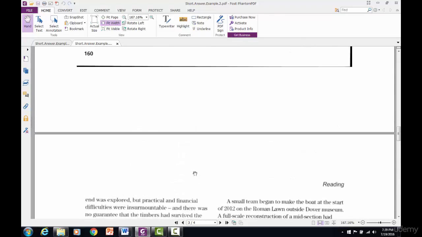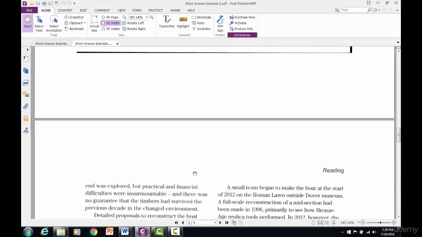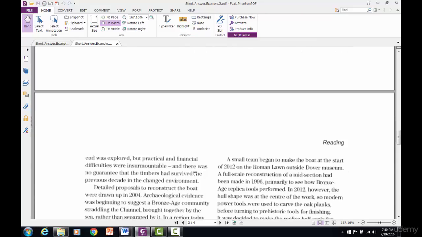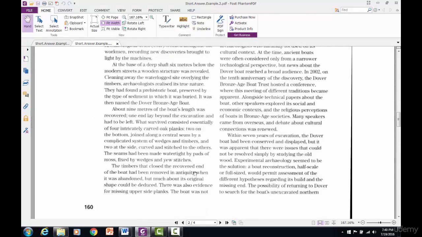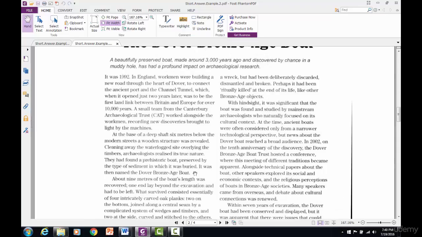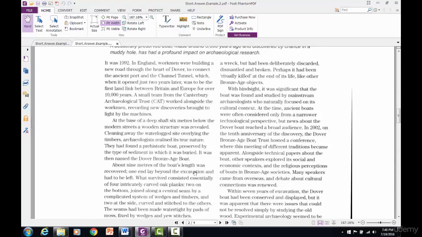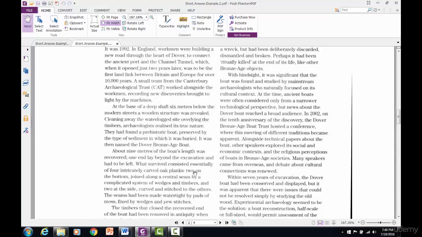So let's look for that. I found 2012, but I'm going to look on this first page and make sure I don't see 2012 again.